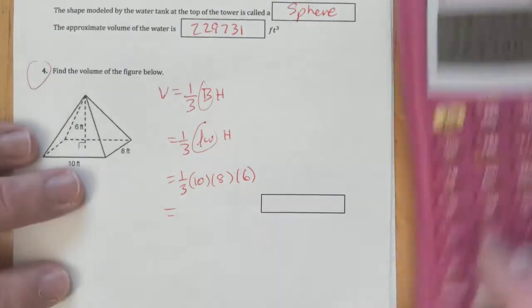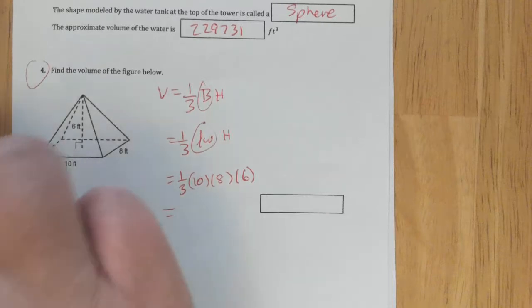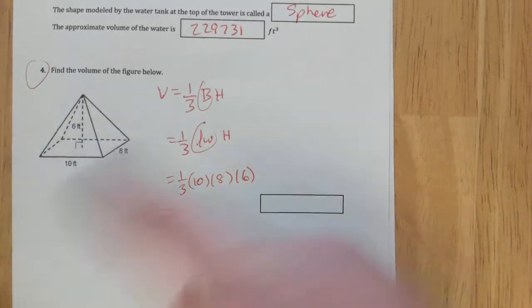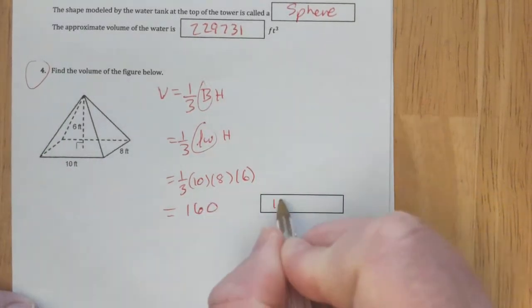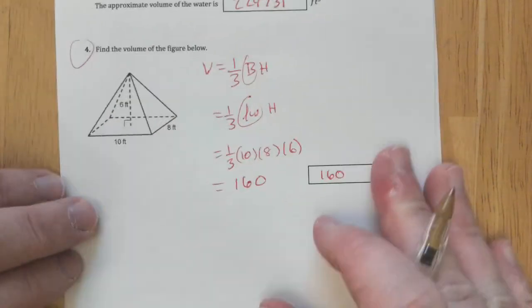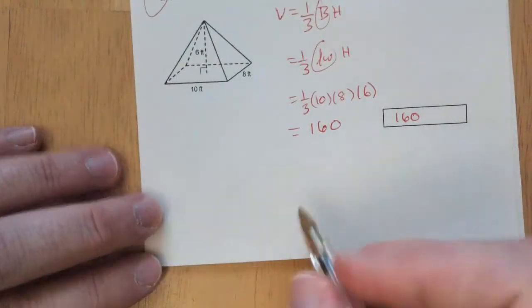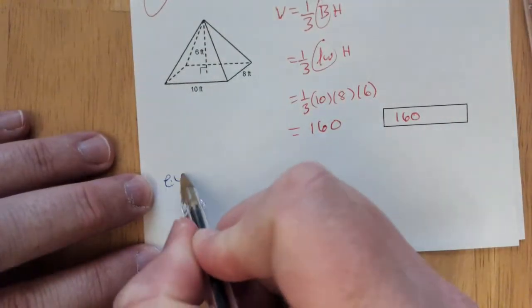So put that in the calculator. So we got 1 divided by 3 equals, okay, times 10 times 8 times 6, and we get 160. Now, the thing that you need to be aware of is you might be finding something that's missing. So they totally could have done this. So here's an example that they could give you.